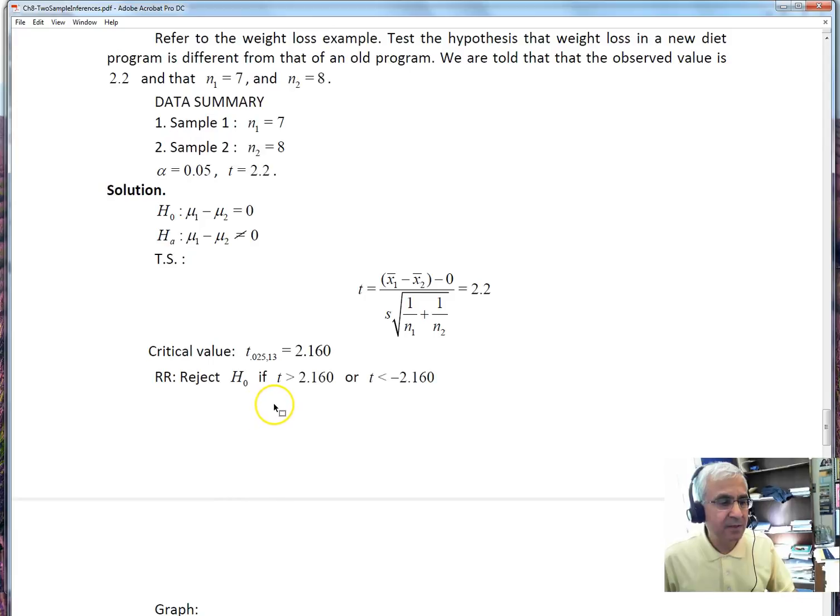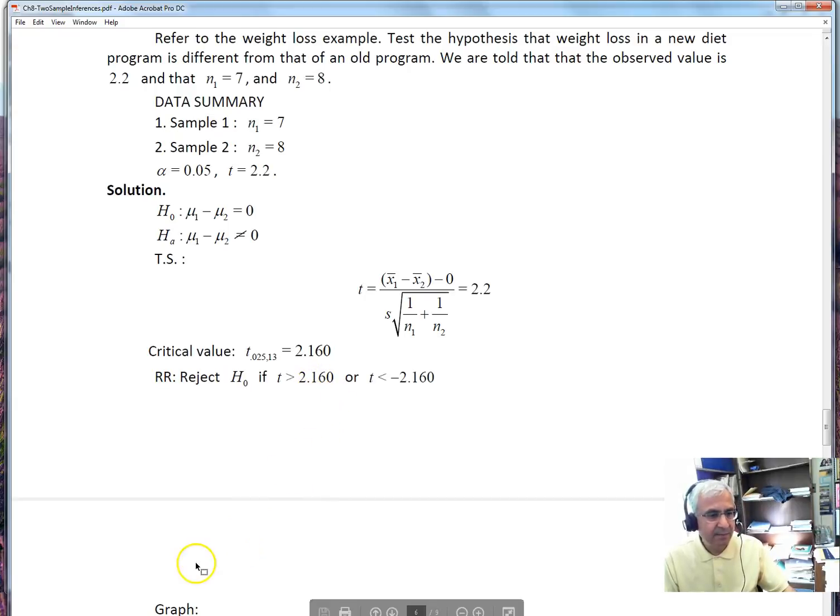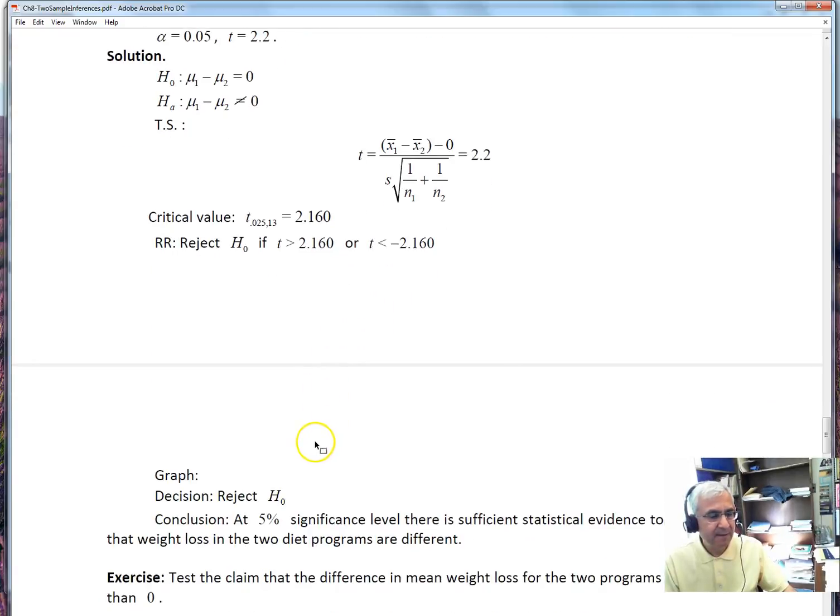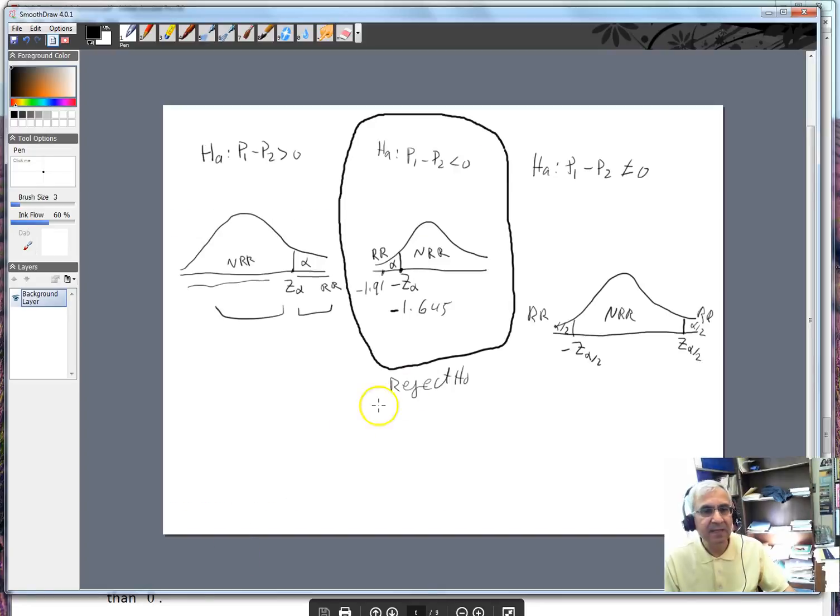So my rejection region would be T greater than 2.16 or T less than negative 2.16. If I were to graph this, it's going to be exactly the same as the earlier graph, since I have two tails. The only difference is that the z would be replaced by a t, a little bit flatter curve, and I need the degrees of freedom for that t to find those values.